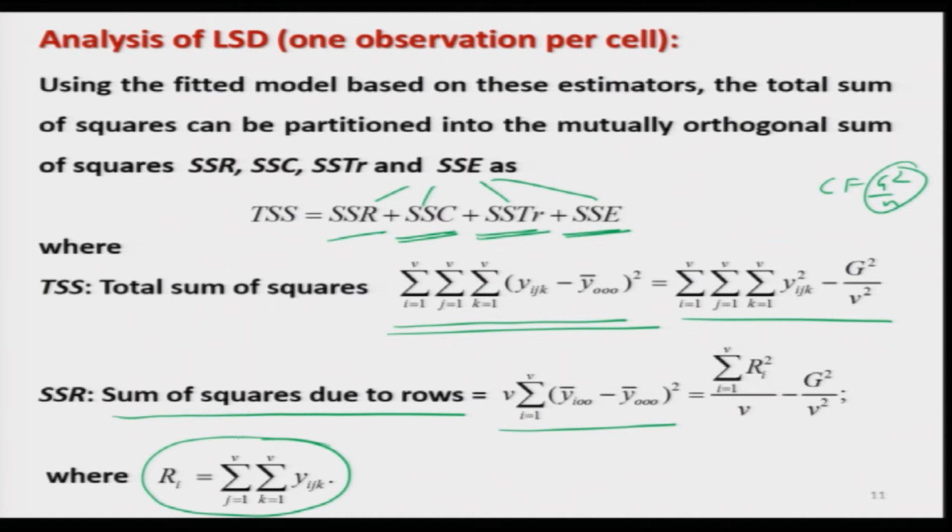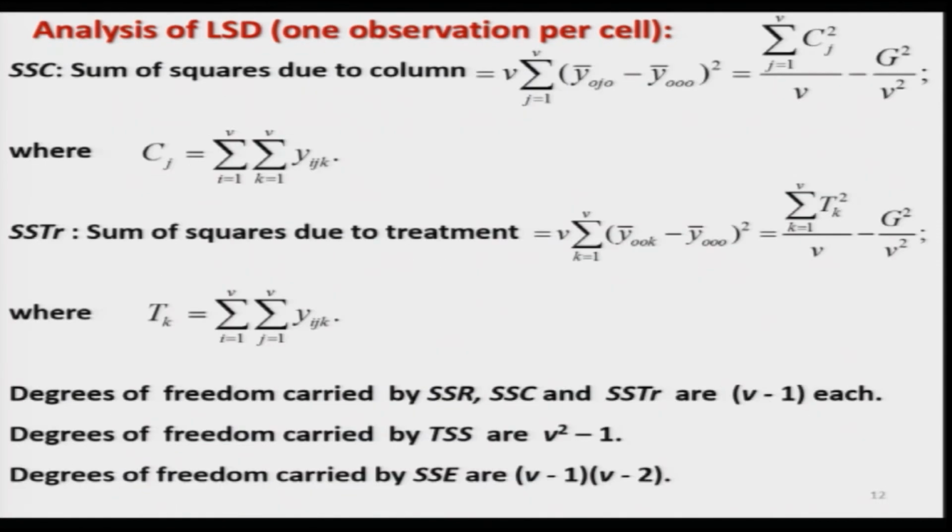As you obtained the treatment total and block total in the case of two-way classification, here you are going to obtain similarly R_i, C_j and T_k. Similarly, you can obtain the sum of squares due to columns. You have to write a similar expression: SSC equals v times the summation over j of (ȳ_.j. minus ȳ_...) whole square.